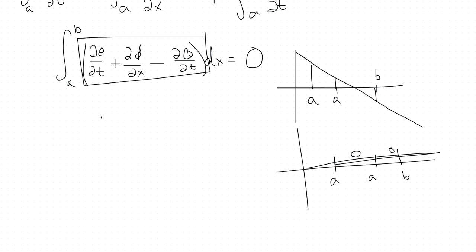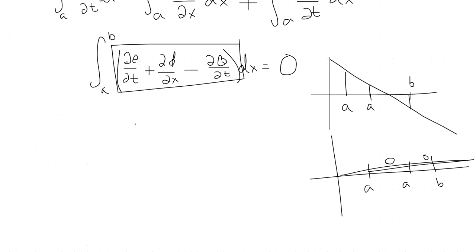But we can use that logic to now rewrite this equation as partial E over partial T plus partial phi over partial X minus partial Q over partial T equals 0. And you'll notice how this is very similar to the equation we were looking at before.